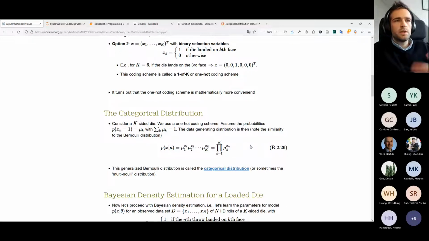And we know that x2 is 1 minus x1, so you can replace that. Overall, we get mu1 to the power x1 times 1 minus mu1 to the power 1 minus x1. That's the specific Bernoulli case. And because we don't know this anymore in the categorical distribution, if we know that it's not option 1, we still don't know whether it's option 2 or option 3. That's why we have a very explicit description of a probability for each possible option.